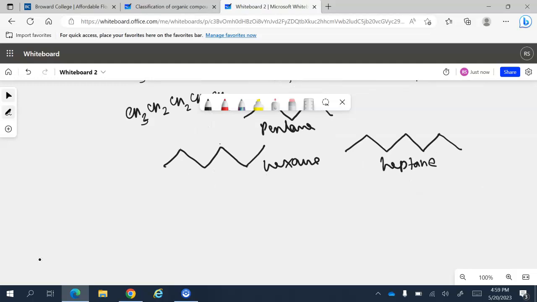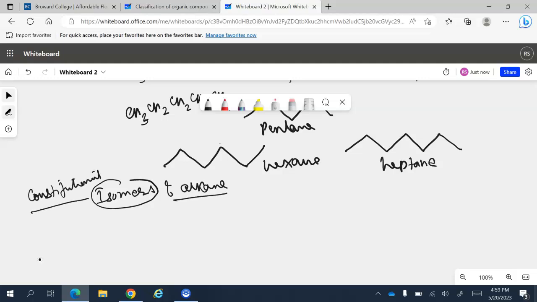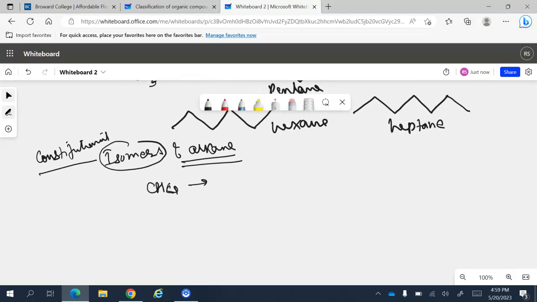Now let us talk a little bit about the isomers of alkanes, and again we are talking about constitutional isomers. For CH4, there is only one carbon, so there is no other way of writing it. There are no constitutional isomers there.